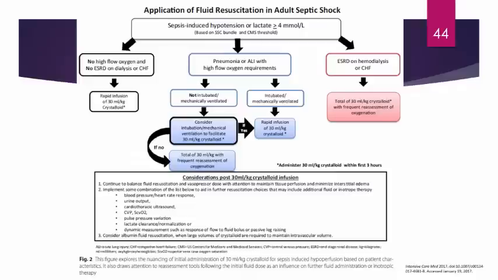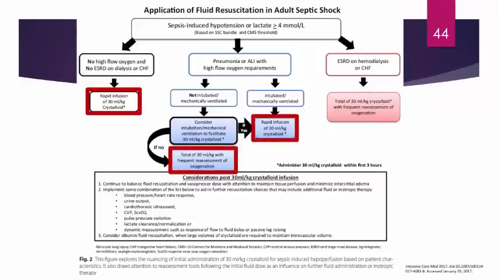Now, this diagram is very important to know. The biggest thing that you should realize from this is that no matter what kind of factors you have, as long as you have a sepsis-induced hypotension that we just discussed, or a lactate greater than 4, you qualify for 30 mL per kilo of crystalloid fluid.